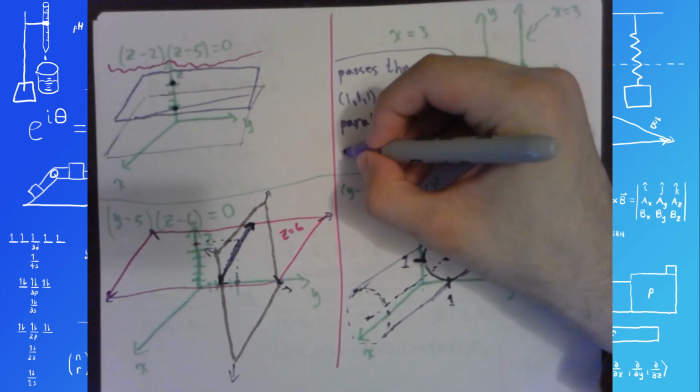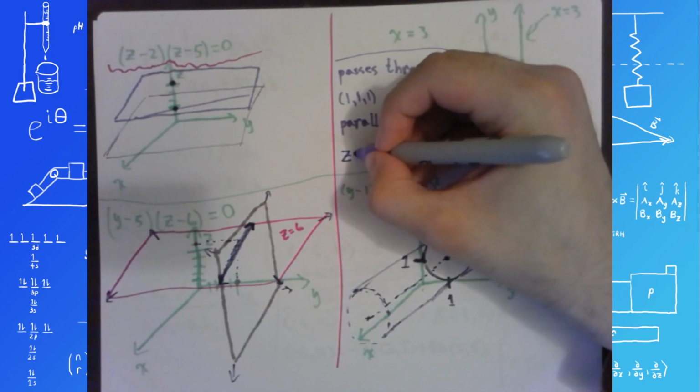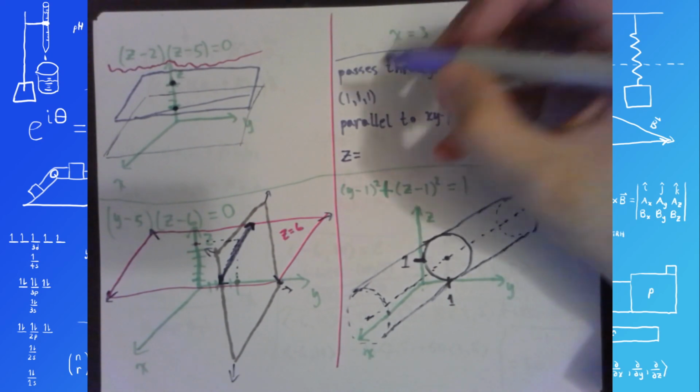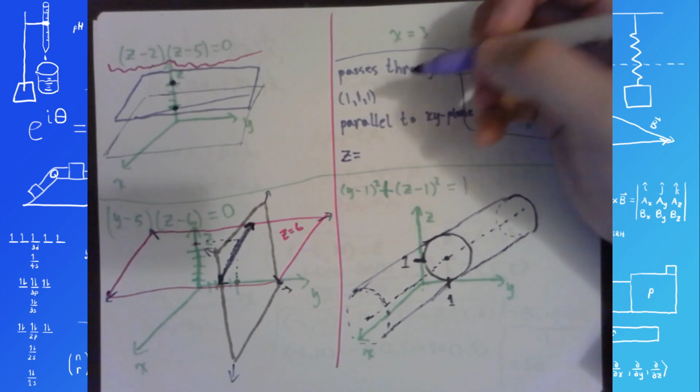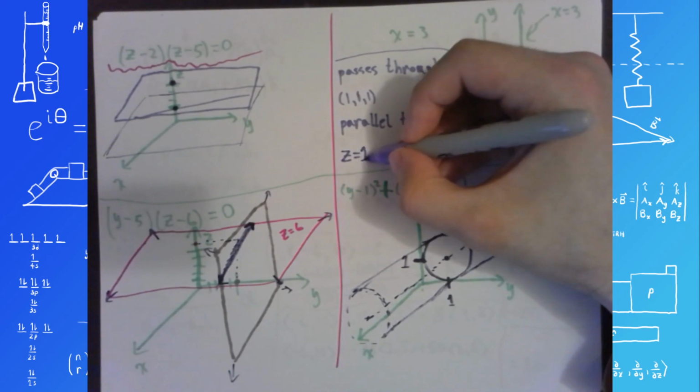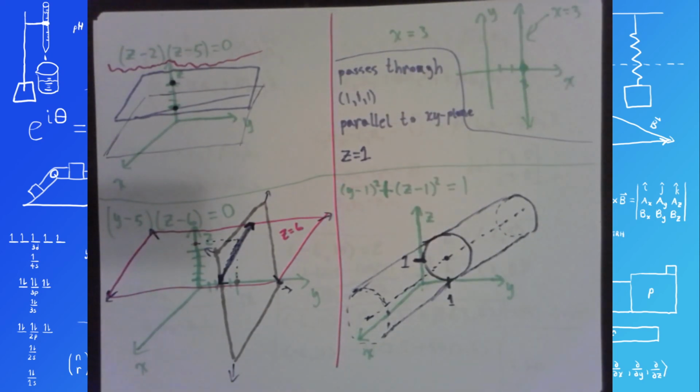So z equals constant is the equation. And what is that constant? Well, if it passes through 1, 1, 1, then z needs to be 1. So the only way this would work is if the plane in question is the z equals 1 graph. Okay, that one wasn't too bad.